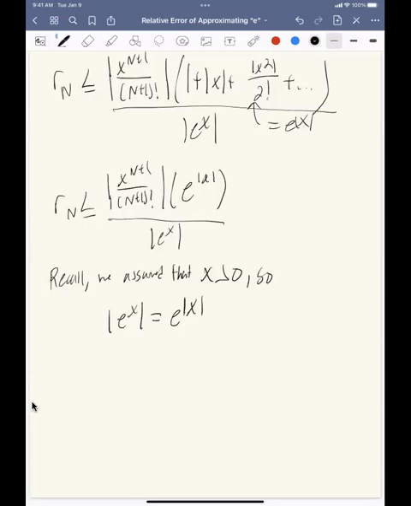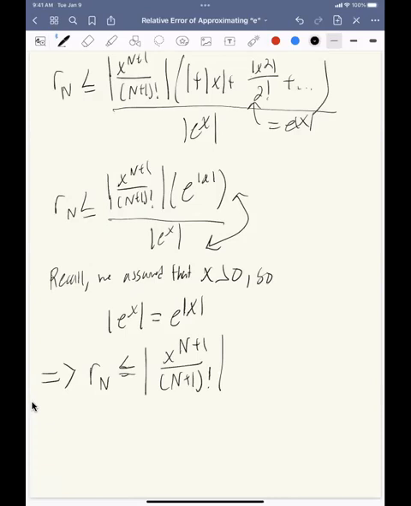So with this fact, since these two will cancel, we have that Rn is less than or equal to the absolute value of x to the n plus 1 over n plus 1 factorial. And now we have an upper bound for our relative error for our Taylor series approximation for e.